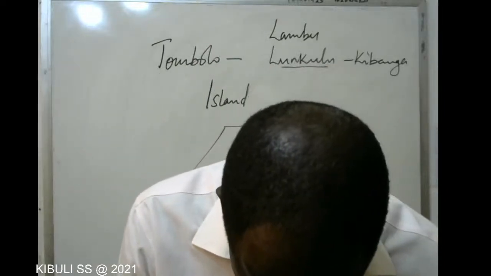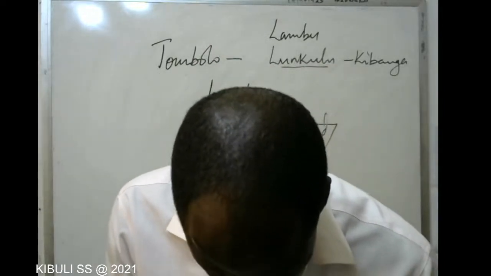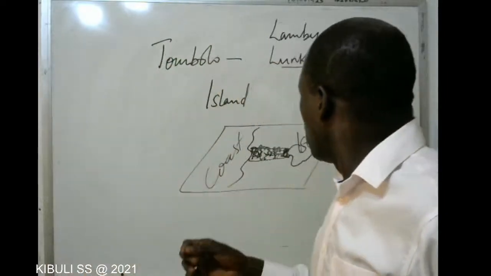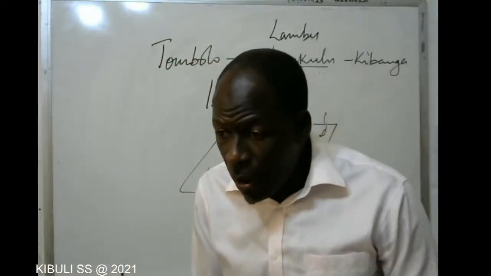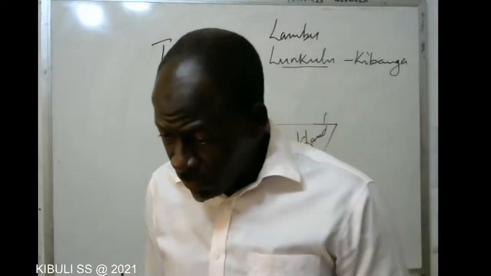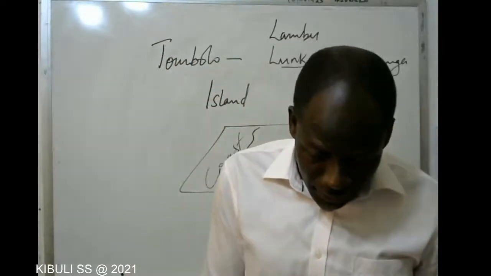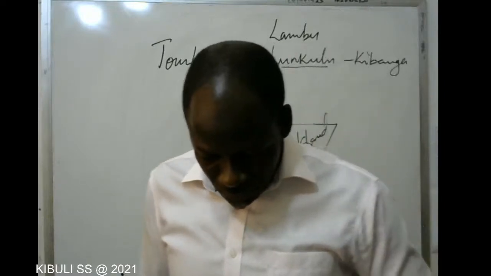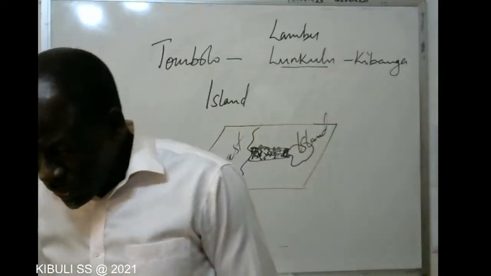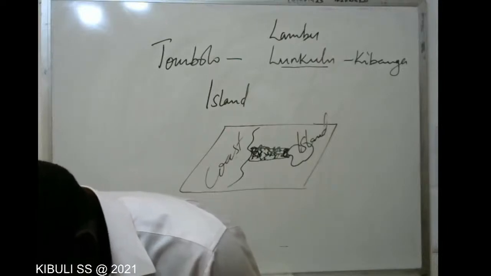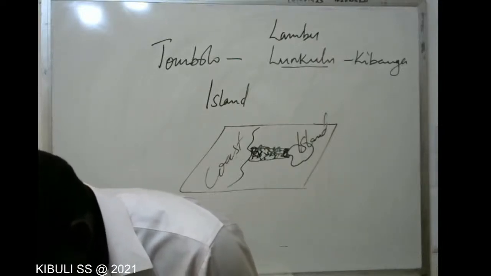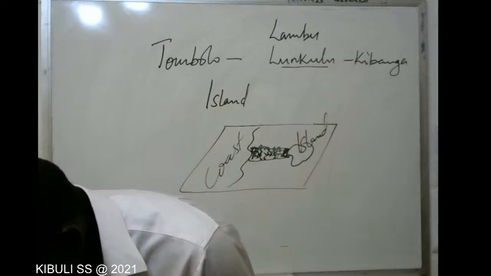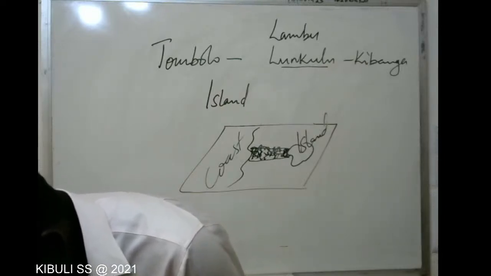A clear example, as I've already mentioned, is Lake Nabugabo on the shores of Lake Victoria in Masaka, an example of a lagoon lake. Part of Lake Nabugabo was sealed off from Lake Victoria, and it appears as an independent lake.